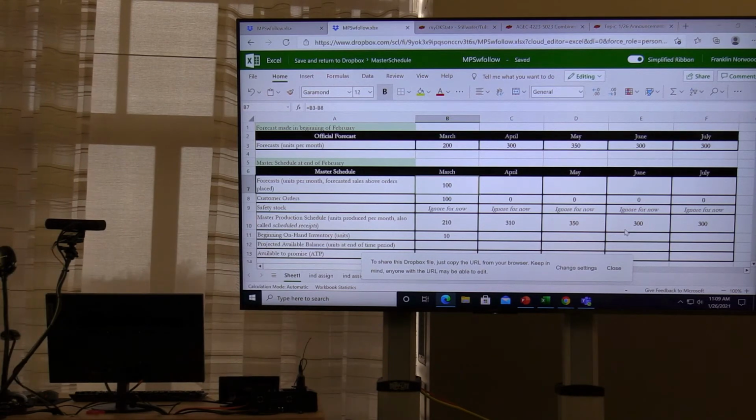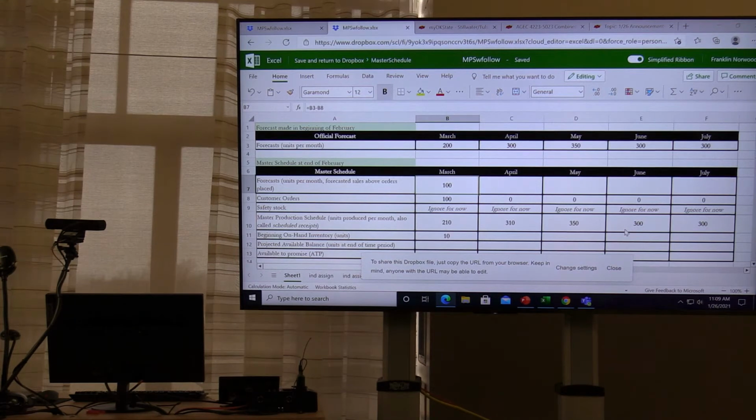We consumed the forecast in that whenever an order came in, the forecast went down. And if you're ever in doubt, just look at what I put there. It says forecast sales above orders placed. Real MPSs don't have that, but we're just learning it. So that's our training wheels.